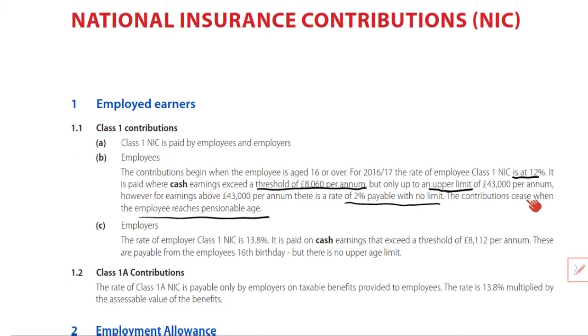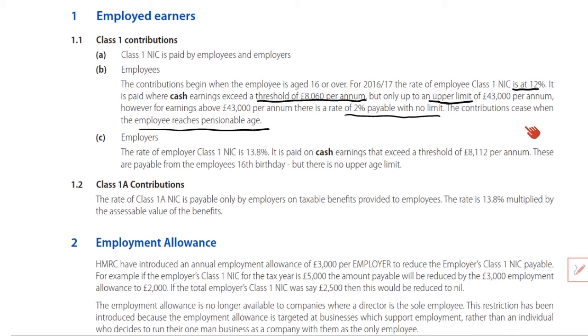So far as employers are concerned, they also have a lower threshold below which NICs are not payable, and that is slightly higher than the employee at £8,112. Again, it is on the same cash earnings that we're talking in terms of. But now a couple of important differences. One, the rate is higher. That is 13.8%. Again, find it on your rates and allowances page.